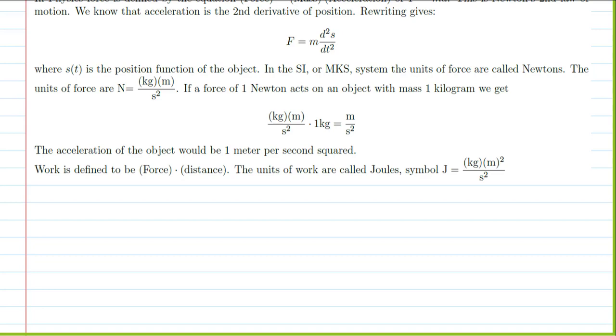So actually I have this. If a force of 1 newton acts on an object with a mass of 1 kilogram, we should get our acceleration there. So the acceleration would be 1 meter per second squared.